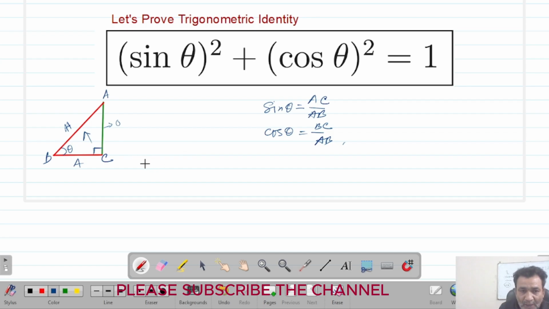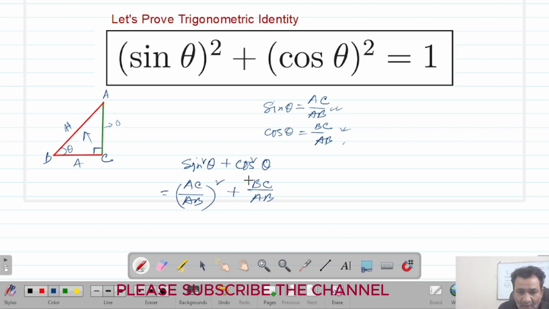Now let's prove the left hand side, that is sin square theta plus cos square theta. Here you see that sin theta is equal to AC by AB whole square, and cos theta is equal to BC by AB whole square.